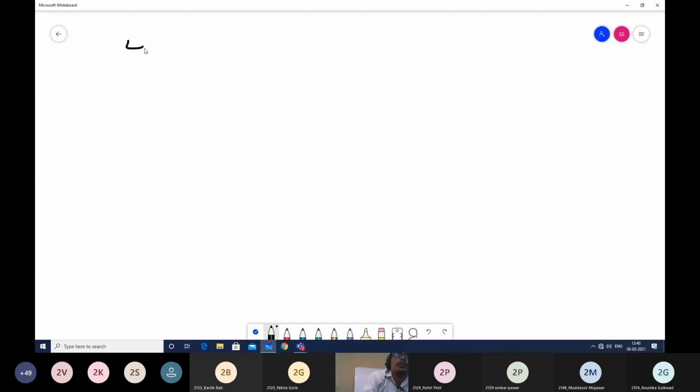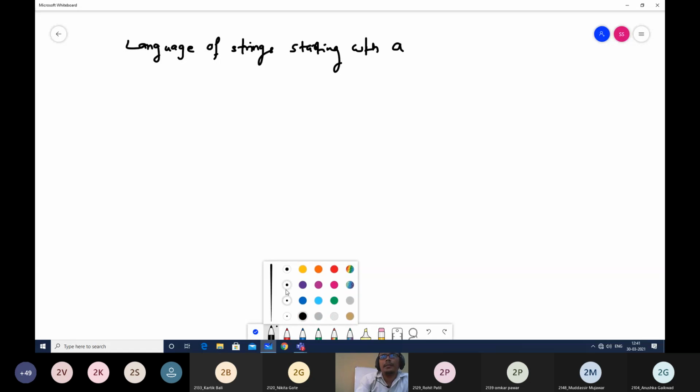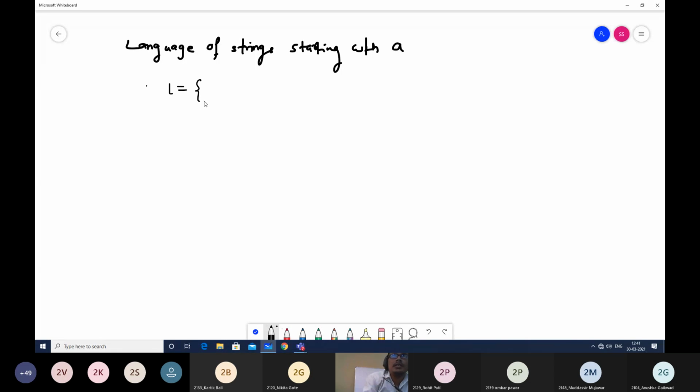Language of strings starting with A. What will be the language elements?